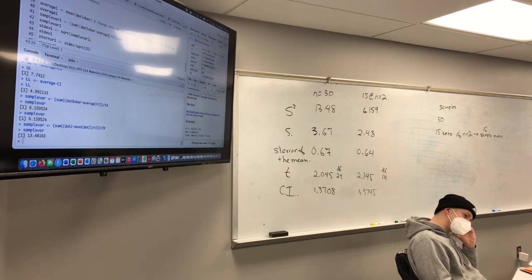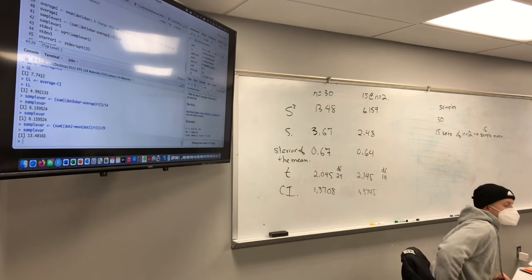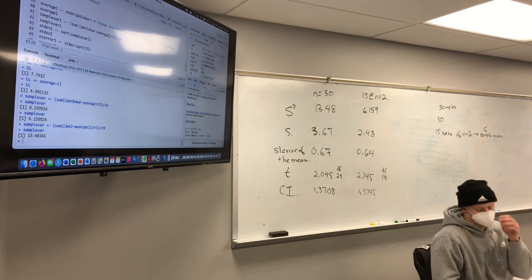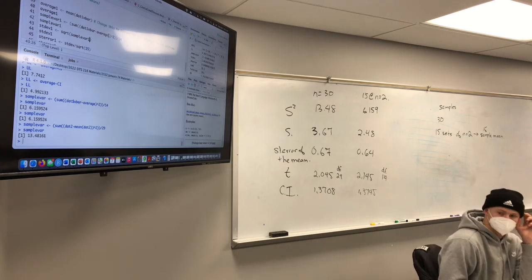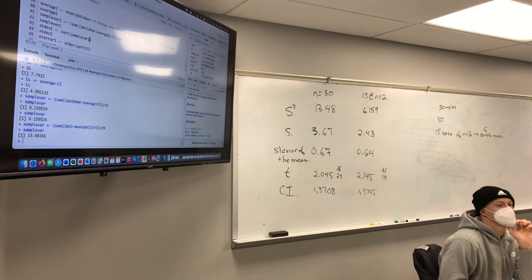So having gone through this, you see that you get very similar values. The reason is that in the one case, you have a much larger sample size.